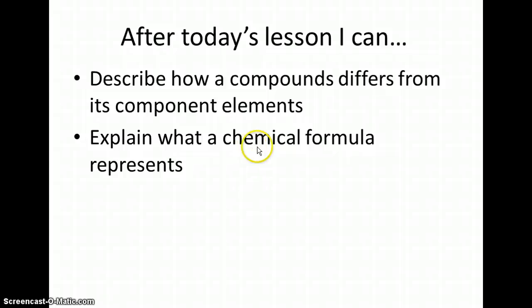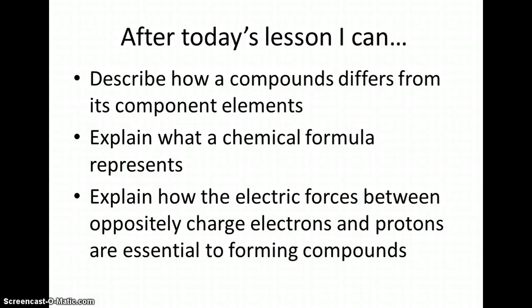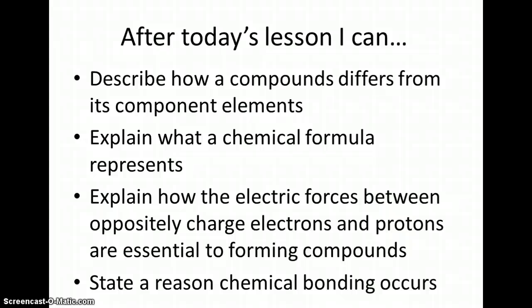We'll look at several chemical formulas and determine what elements are involved. Then we'll explain how the electric forces between oppositely charged electrons and protons are essential to forming our compounds. And the last thing is to state a reason that chemical bonding occurs.